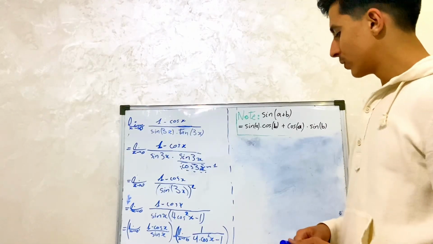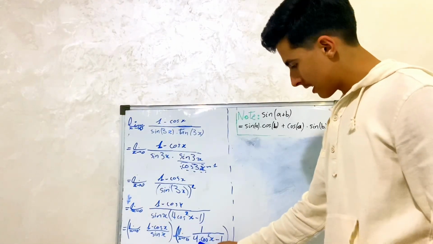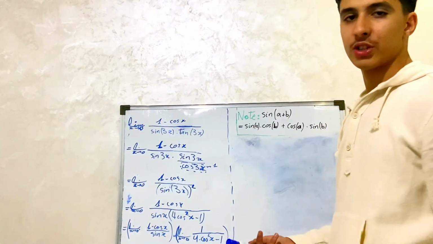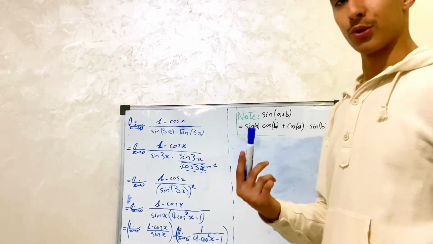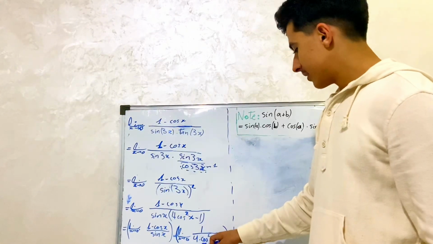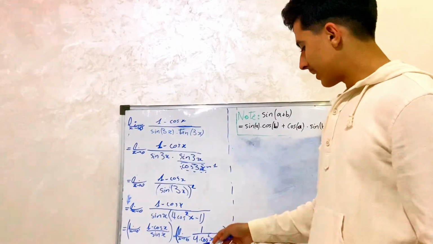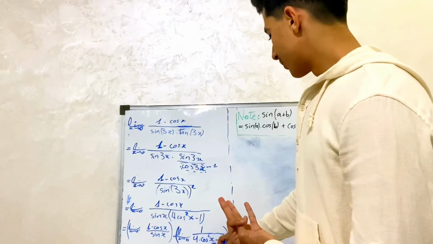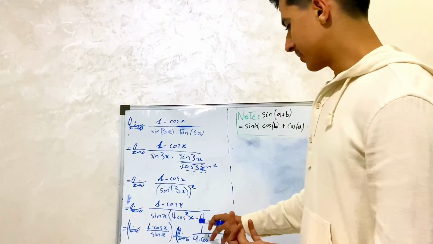Okay, so as we have just said, if x approaches 0, cosine square x will just approach 1, because cosine x approaches 1. So 4 times 1, which is 4, minus 1, making it 3. 1 over 3. This is the value of this limit.